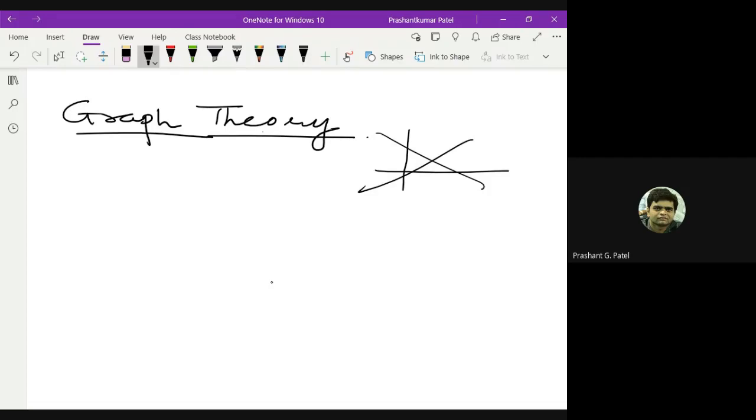But a graph, generally denoted by G, is an ordered pair of two sets.